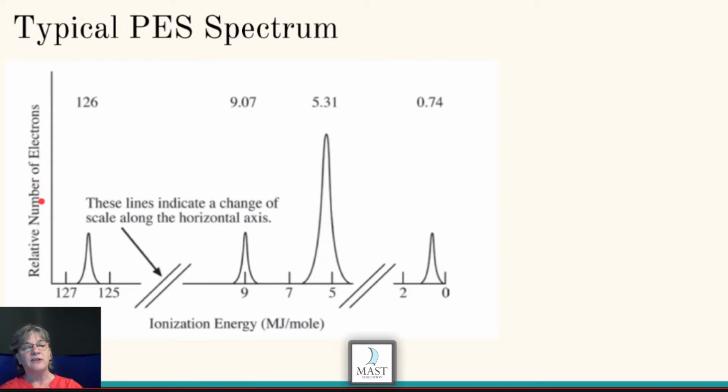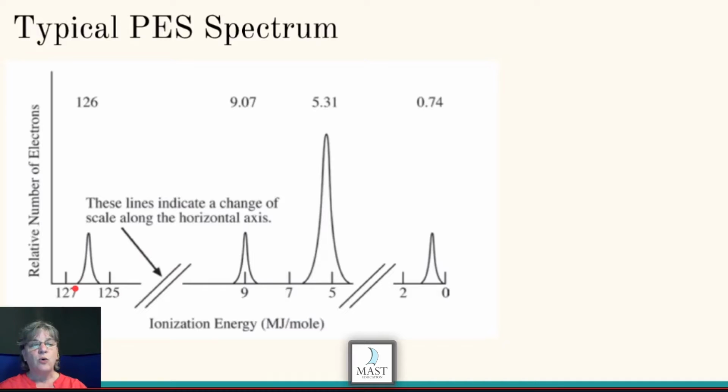And on the other axis, it shows the relative numbers of electrons that have those energies. It's typical for a PES spectrum to have discontinuities in it or breaks within the scale because the binding energies of electrons vary hugely inside an atom.